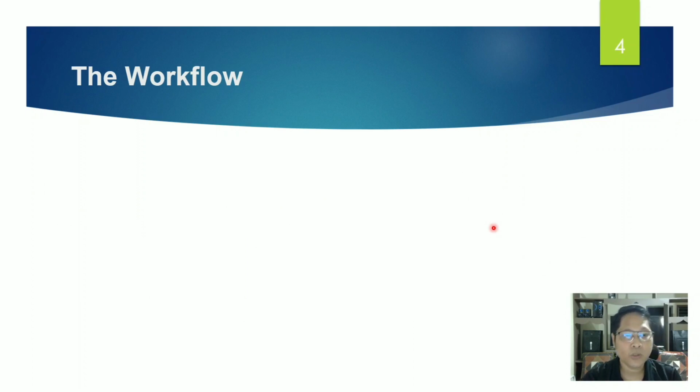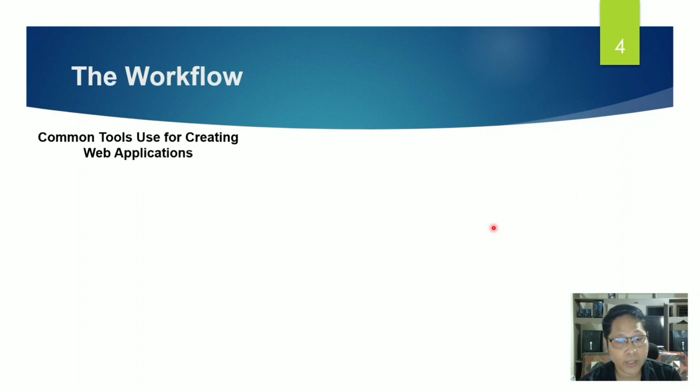Since we are talking about creating a web application, of course, we cannot create without tools. So, what are the common tools for creating a web application? Number one, we have the text editors. In programming, a text editor is a type of software used to write and edit plain text.